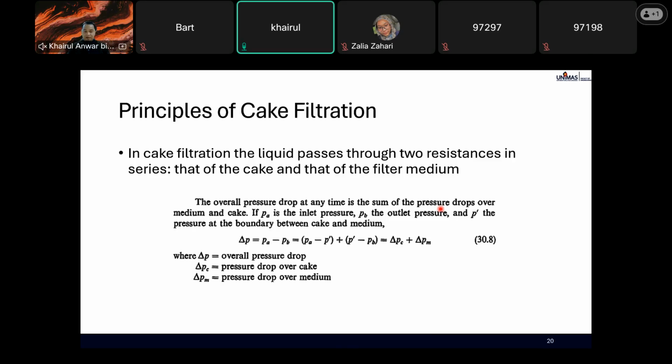Delta PC is the pressure drop over the cake, delta PM the pressure drop over the medium.